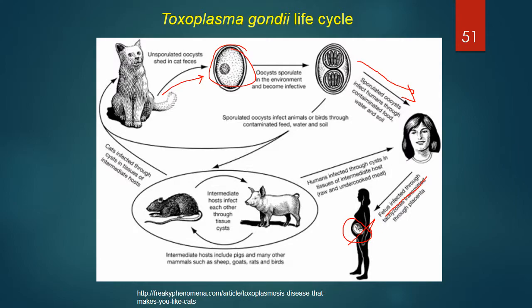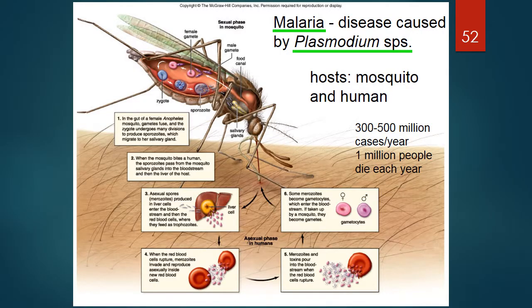So that is our sporozoan. Another sporozoan is malaria, and that's caused by Plasmodium, which is a particular protozoa. And again, we have the hosts, and the hosts, as most of you will know, are mosquito and human.